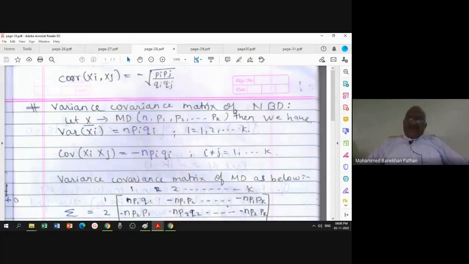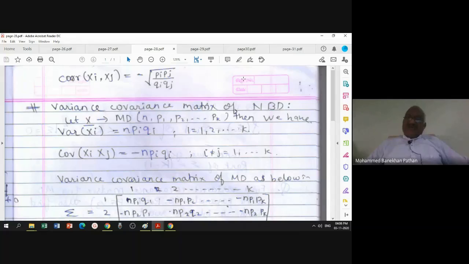Or before that, you can check easily what a correlation is from first year. It is the ratio of covariance divided by the product of standard deviations. Covariance is minus n pi pj divided by root of variance of xi, another root of variance of xj. What is the variance of xi? Root, that is the standard deviation, root of n pi qi, another root of n pj qj.